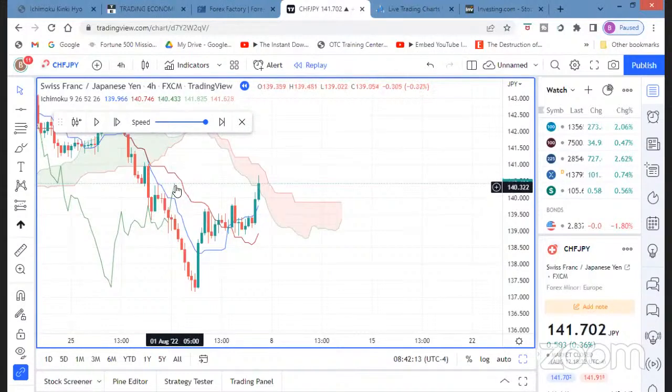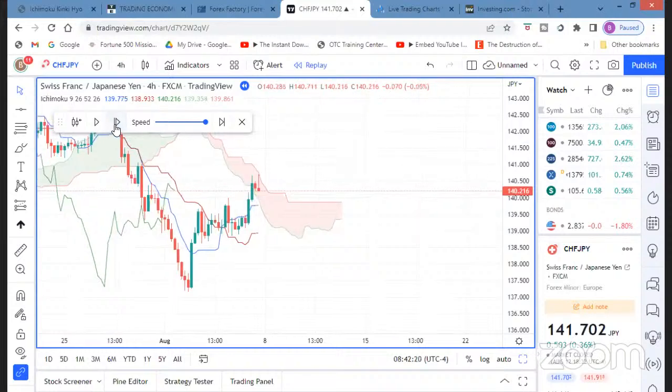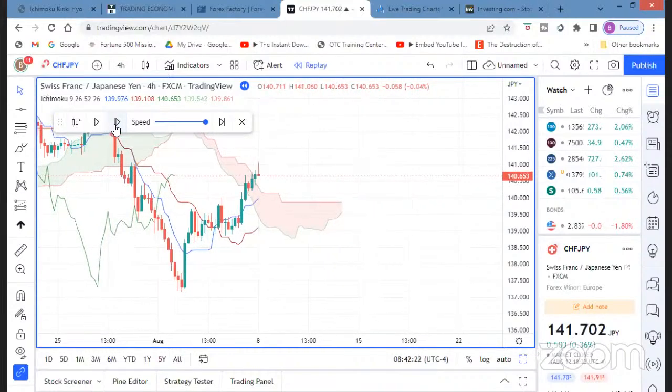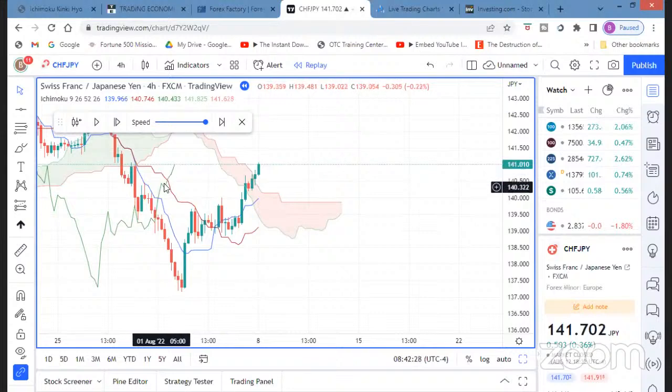See that? Yeah, we got the break. Look, see here? We're above price. See how we're above price? Okay. You see the break. But you got the crossover here. You see how it's starting to make its run?